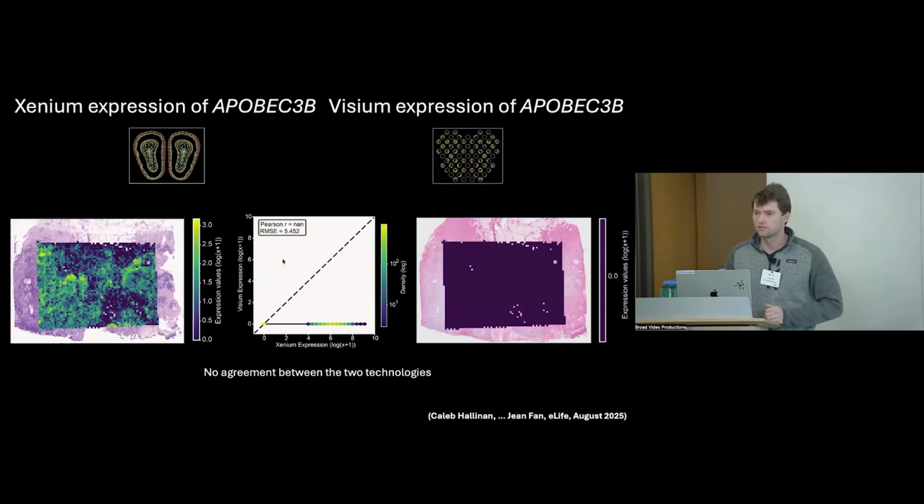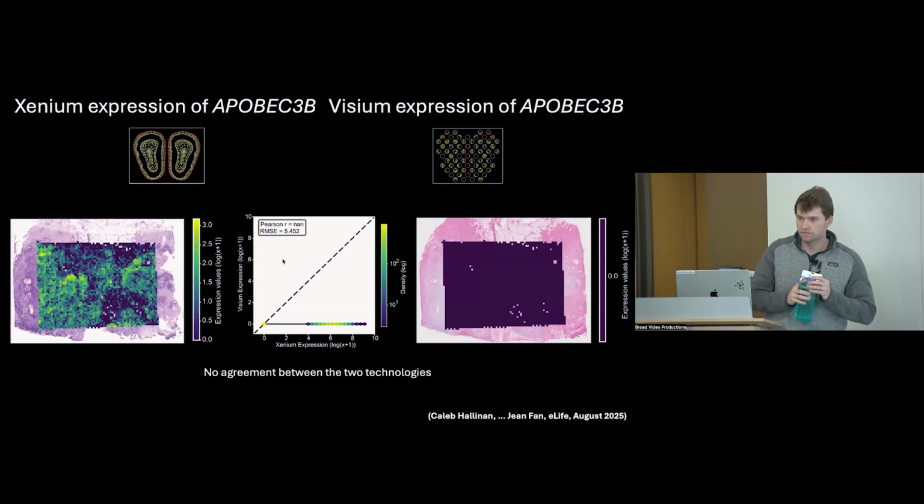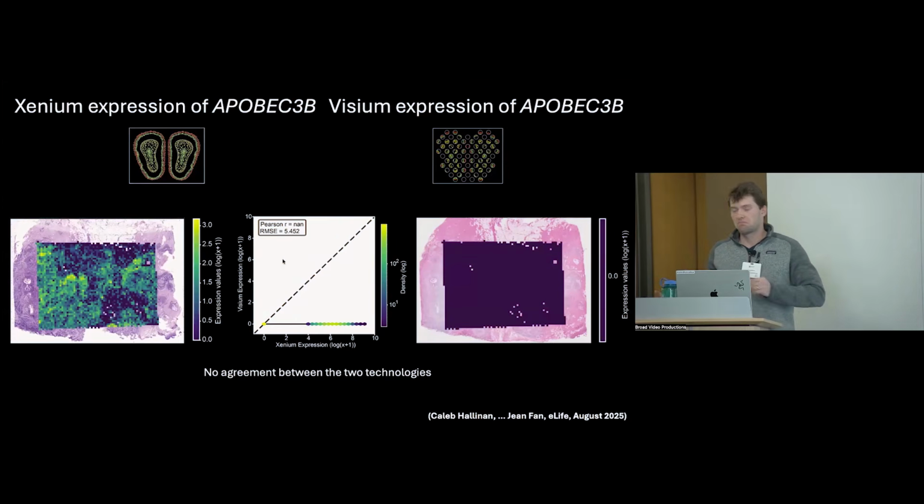So is it always the case where you find a gene detected in Xenium but not detected in Visium, or vice versa? Are there other cases where you find genes in the Visium but then not detected in the... That's a great question. I don't think there were a ton of cases either way.